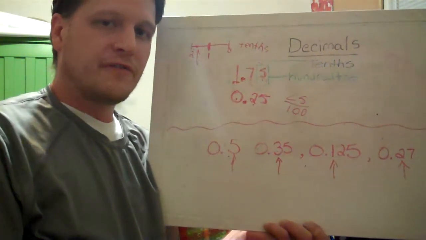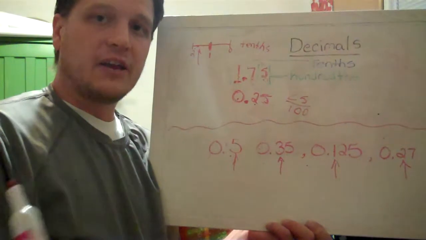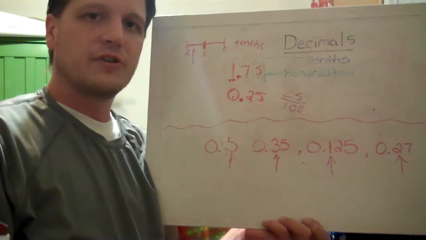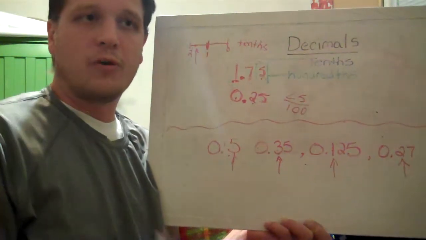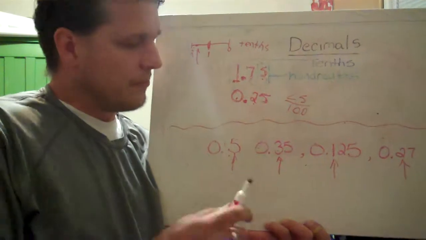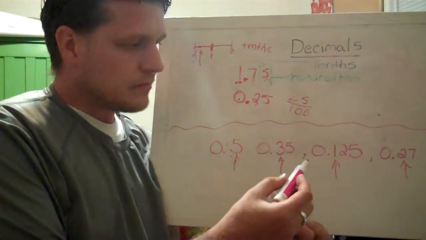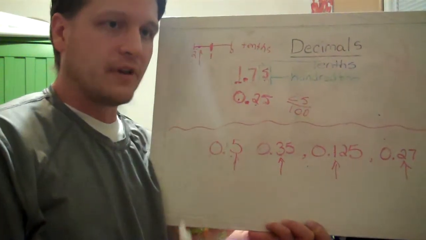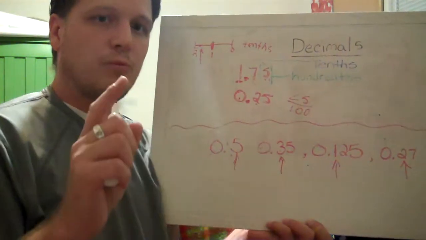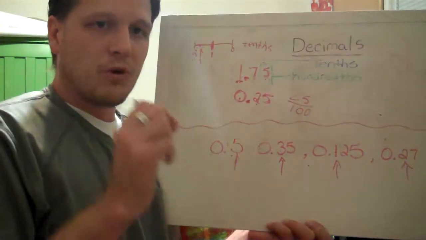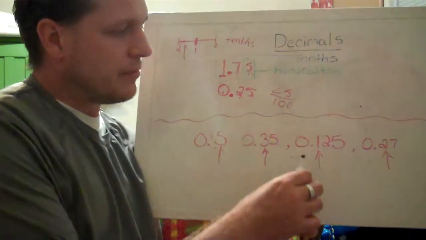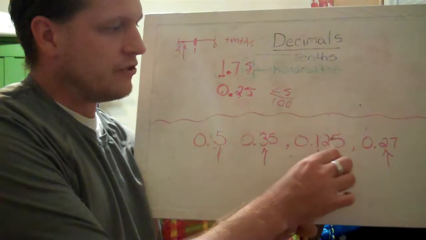From our knowledge of sequence and order, which we learned in kindergarten and first grade, ordering numbers 0, 1, 2, 3, 4, it's going to be no different here. Since we're going from least to greatest, our smallest number is the one where the number in the tenths place is a 1. So that's 0.125.